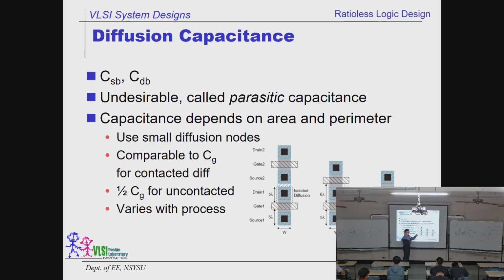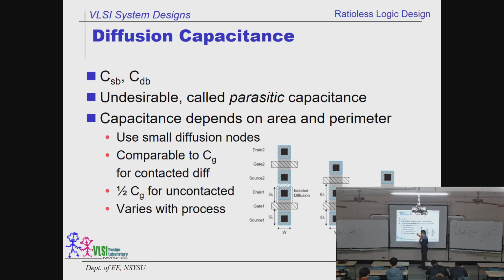But if you'd like to make yourself a little better than others, why don't you consider other design alternatives? In this way, not only do we save the price, we also reduce the parasitic capacitance. Because the larger the area, the more capacitance you create. If we use small diffusion nodes, we have a smaller capacitance.